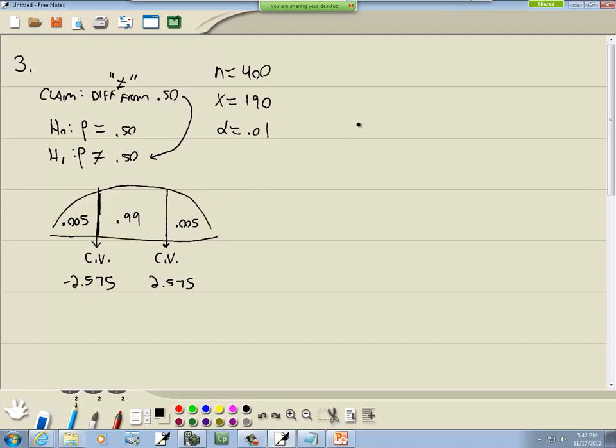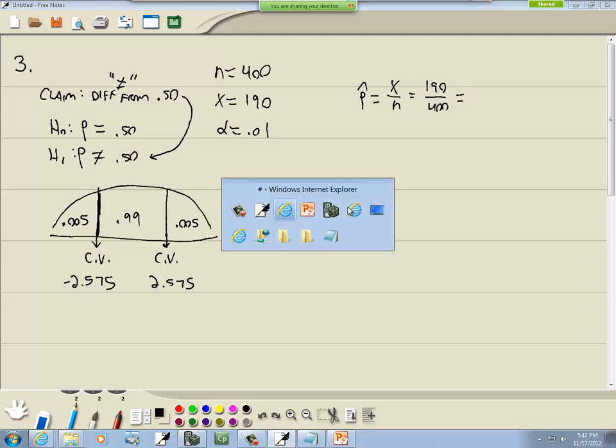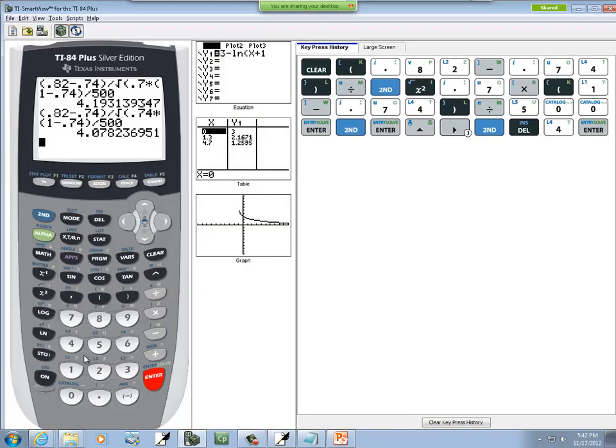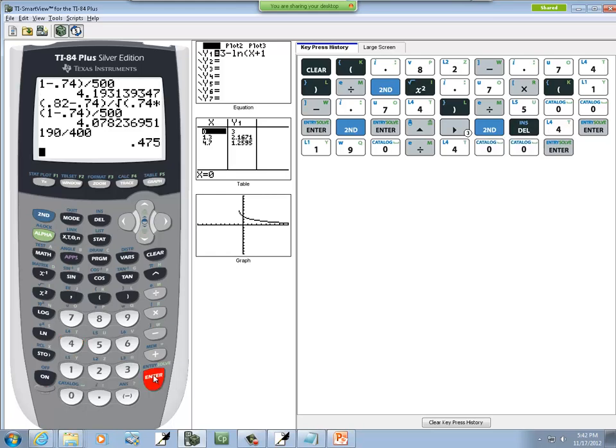Okay, so now our test statistic. We need p hat, which is x over n. So we got 190 over 400. So 190 divided by 400 gives us 0.475.